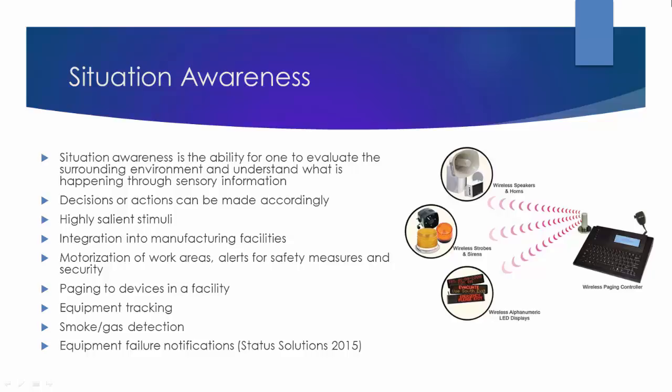Is it something that is involving what I am doing, or maybe there is a chemical in the air, and you can react accordingly. It is very important to integrate technology and devices into manufacturing facilities. So, for example, monitorization of work areas, alerts for safety measures and security. You can integrate paging devices in a facility, equipment tracking, smoke and gas detection, and also equipment failure notifications.